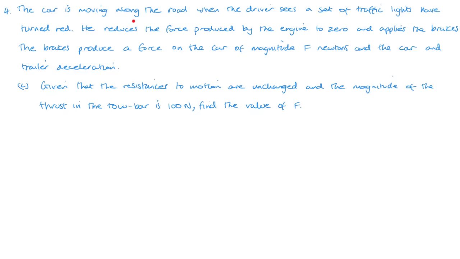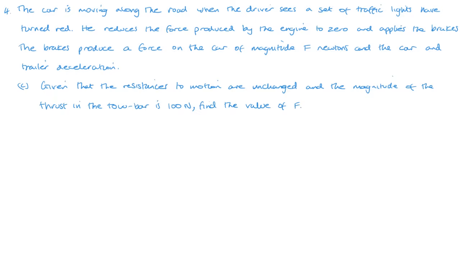Now let's look at the second part of question 4. So the car's moving along the road when the driver sees a set of traffic lights have turned red. He reduces the force produced by the engine to 0. Okay, so no driving force anymore, and applies the brakes. The brakes produce a force on the car of magnitude F newtons, and the car and trailer decelerate.